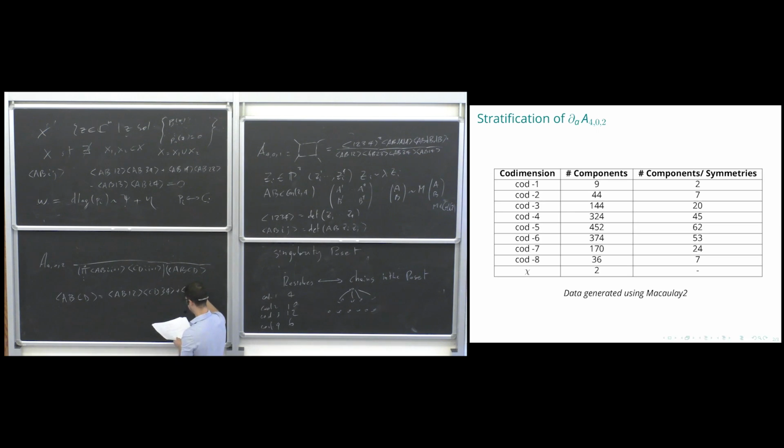So we have AB 23 AB 14 minus AB 13 CD 24, plus symmetric. You see that the left-hand side is symmetric in ABCD, so the right-hand side had better be symmetric as well.